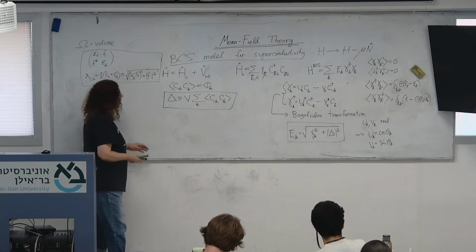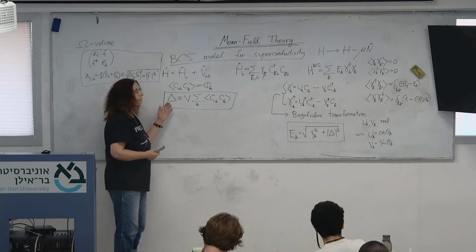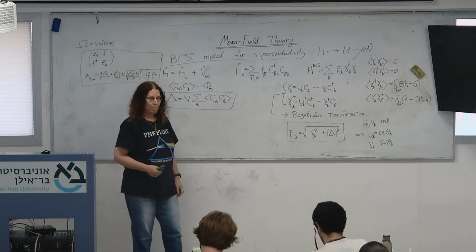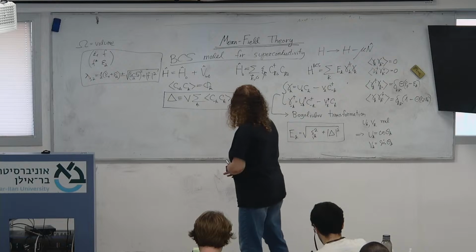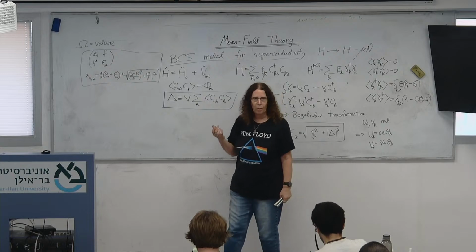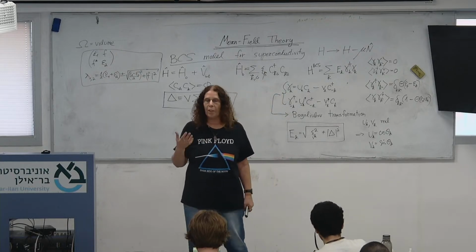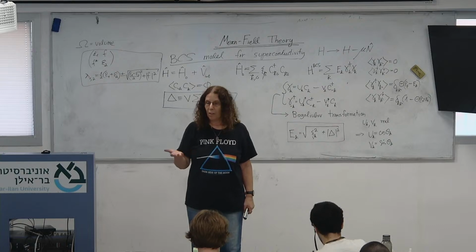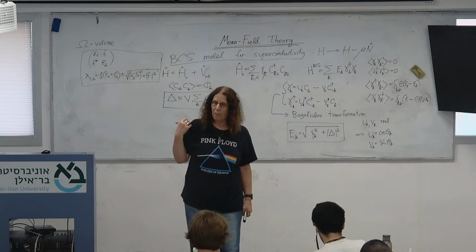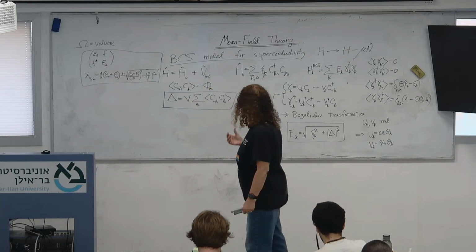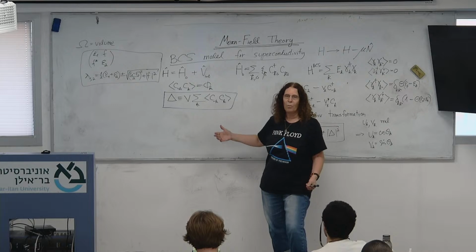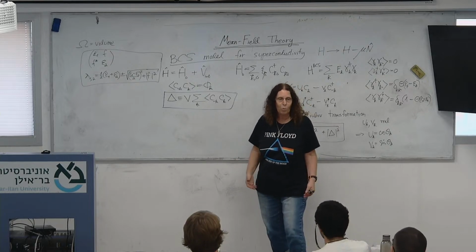A non-trivial solution will have to satisfy a so-called gap equation because this delta is this gap in the spectrum, and it has to equal a function of itself. It's a self-consistent equation. If we can prove that it has a finite solution, then we are in business because we found that there is such a state. We still may need to convince ourselves that it has lower energy. Otherwise, why would the system pick it up to be the ground state, right?